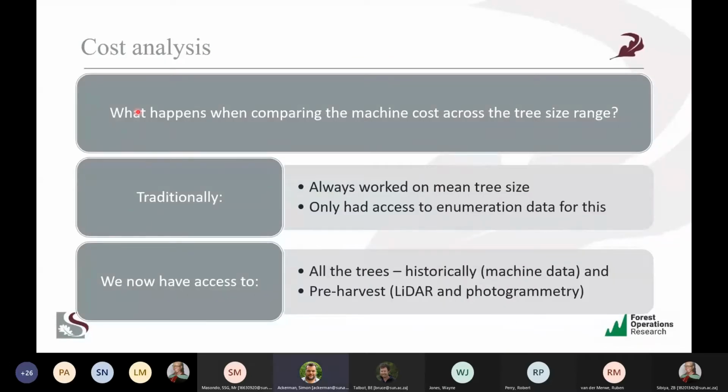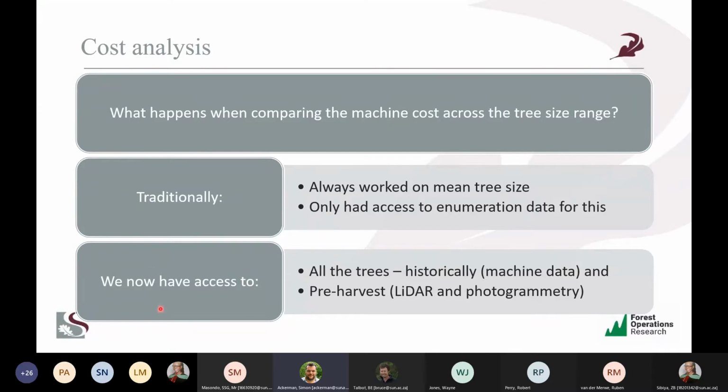So, in terms of cost analysis, what happens when you compare the machine cost across a range of tree sizes? We've always really worked on traditional mean tree size for a compartment. We only really had access to enumeration data, which does generate tree distributions and an idea of how much the tree numbers and where they are in the compartment.